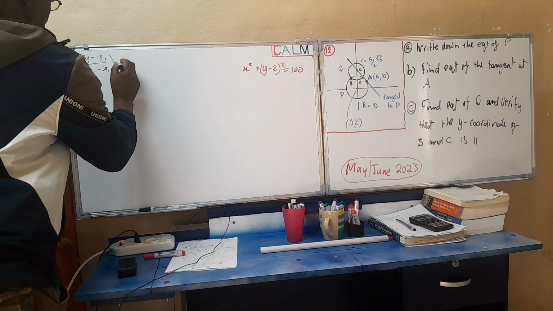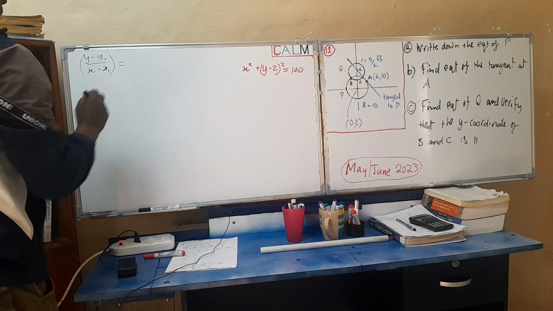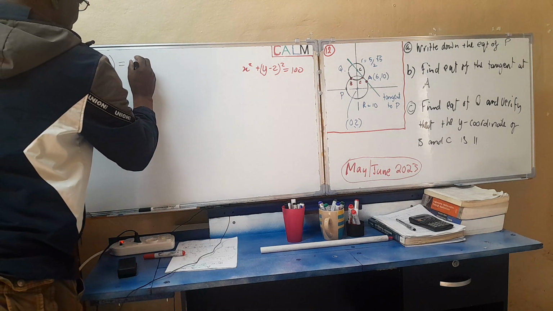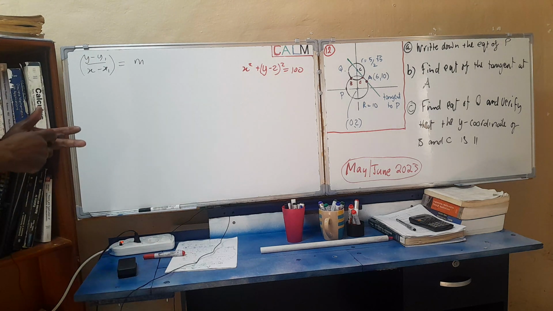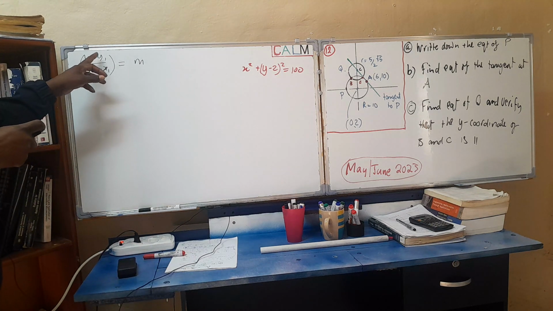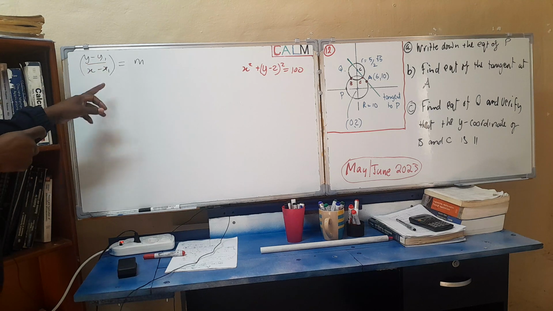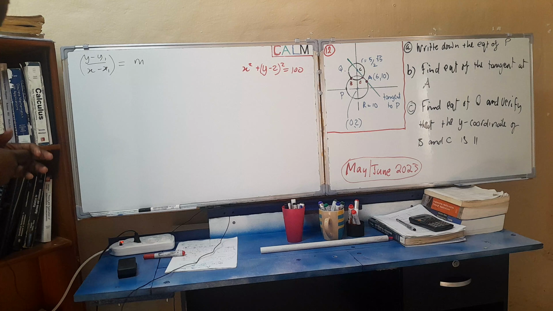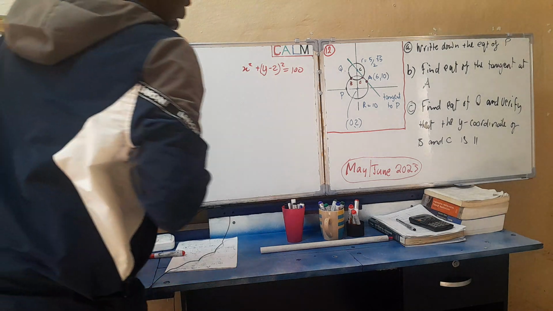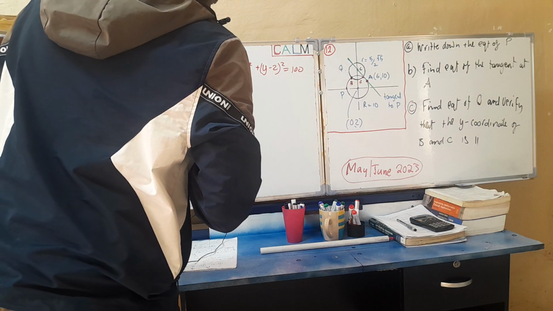It's equal to the gradient of the line. Let's call that gradient m. So if we are given the gradient of a line and we are given a point through which the line passes, we can find the equation of the line. What do we know about the tangent, the green line?